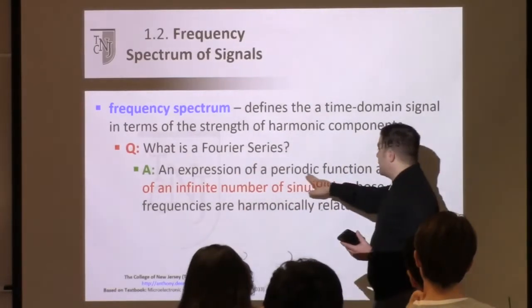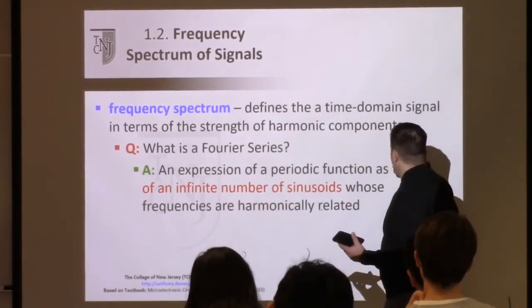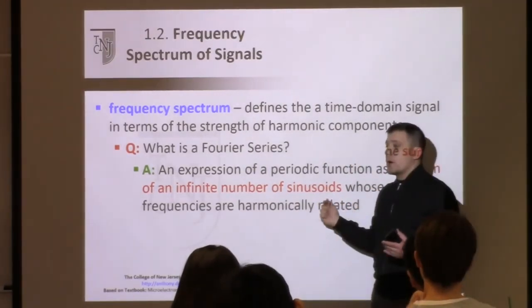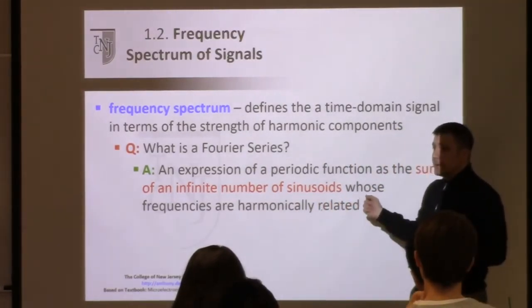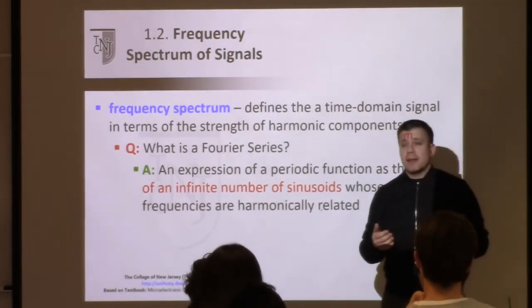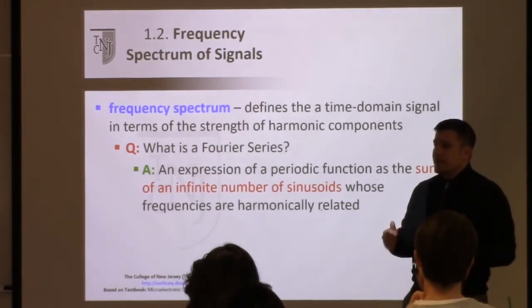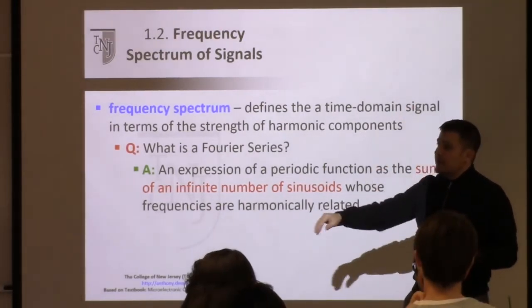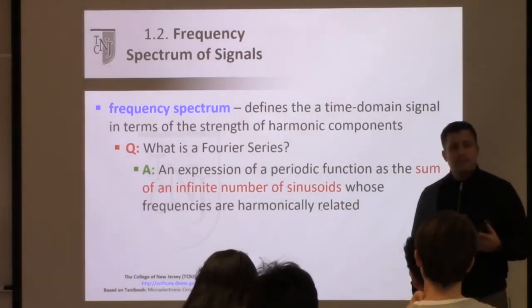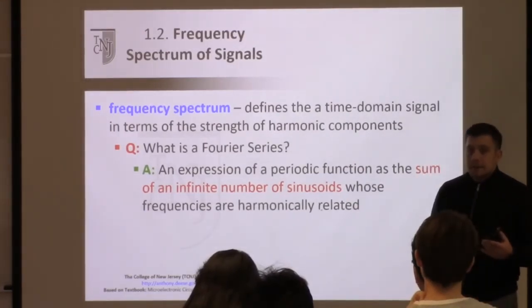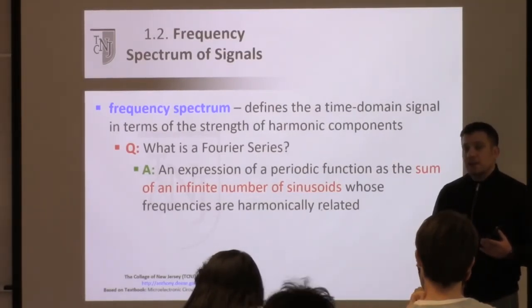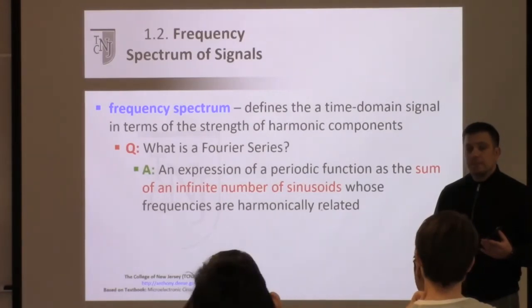This is an expression of a periodic function, like a square wave, as an infinite number of sinusoids whose frequencies are harmonically related. It doesn't necessarily have to be infinite. One of the examples we're going to look at in this class, the strength of the harmonics drop off, meaning that after like the 20th or 25th harmonic, you could probably stop adding. But ideally, infinite.